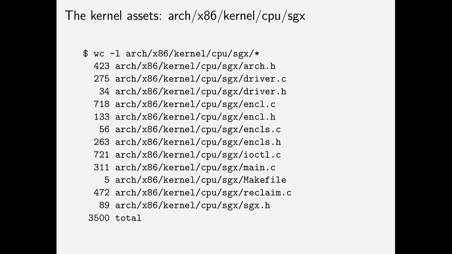Encl.c and .h contain the enclave management code, and encls.c and .h contain a wrapper for this opcode called ENCLS that implements all the functionality to create enclaves and so forth.